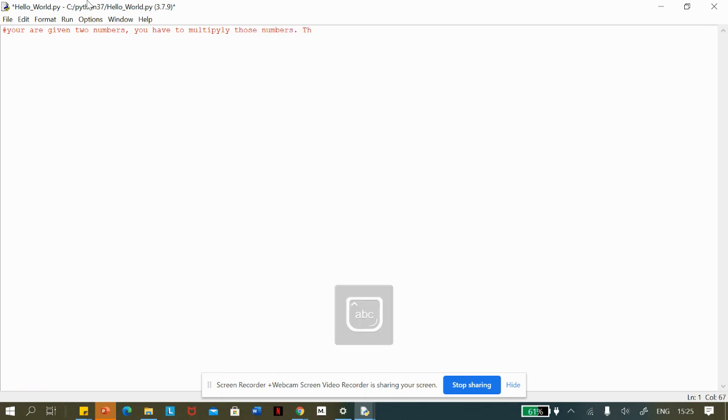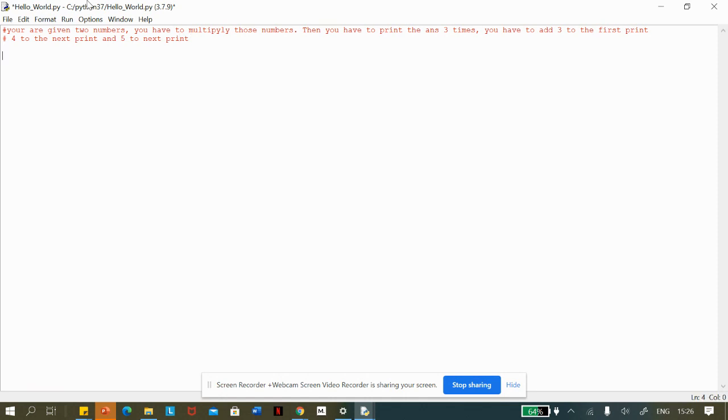Then you have to print the answer 5 times, or okay, let's just say 3 times, and every time you print it, you have to add the first print 3, 4 to the next print, and 5 to the next print. Now, from the knowledge you all have, how would we do this?